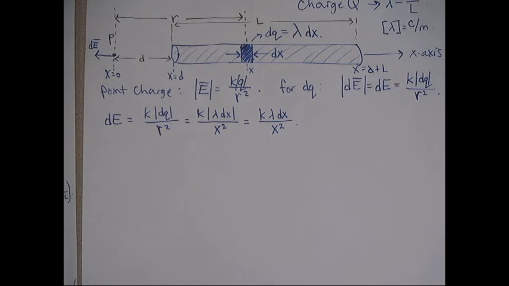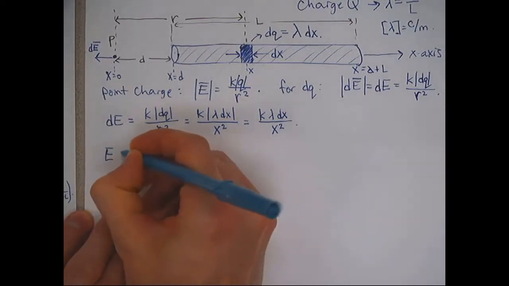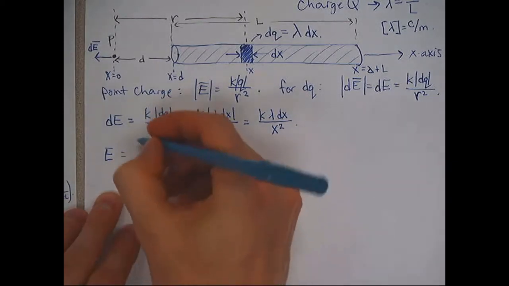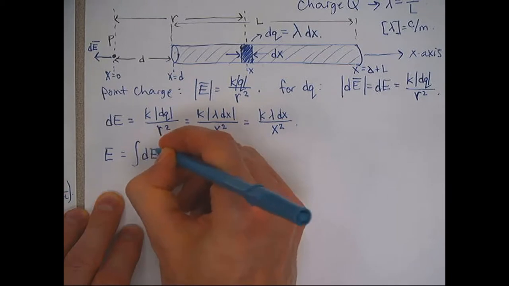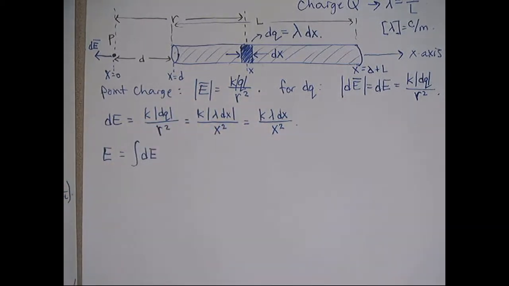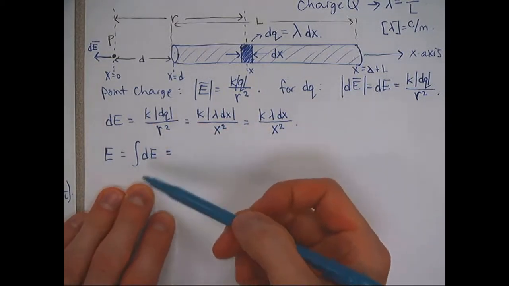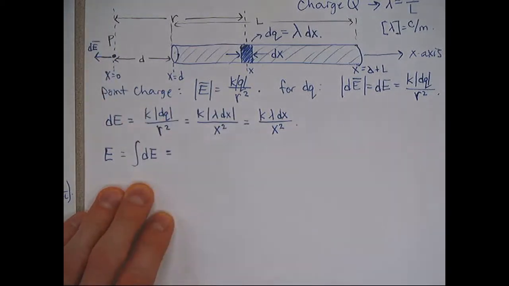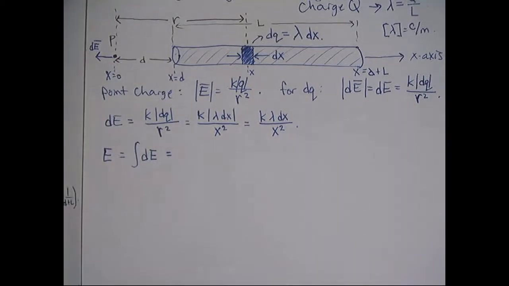Well, now we're just doing it with an infinite number of point charges. Since we don't want to be here all day, we will use the power of the calculus to perform that infinite Riemann sum. The integral symbol tells you add up all of those dE's.